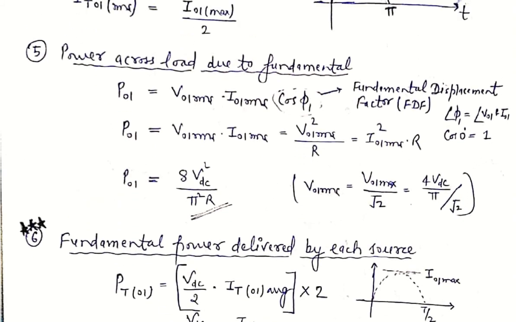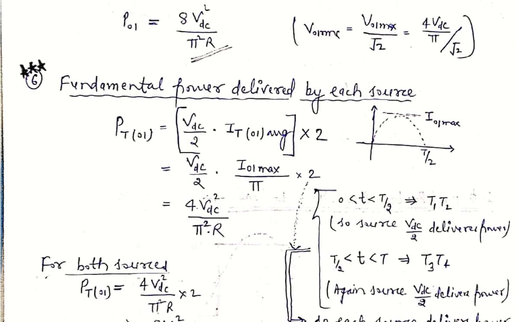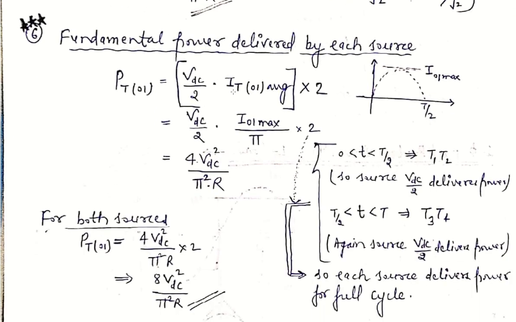The main thing is that if we want to calculate the fundamental power delivered by each source, since there is a DC source, we apply the average calculation. So VDC by 2 into IT01 average into 2. Why do we multiply by 2?